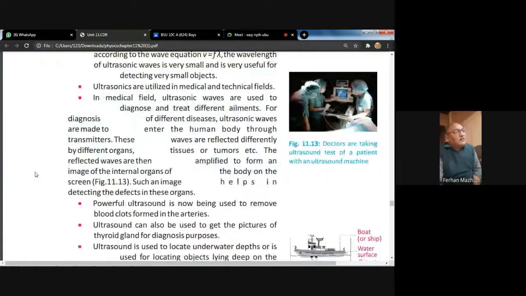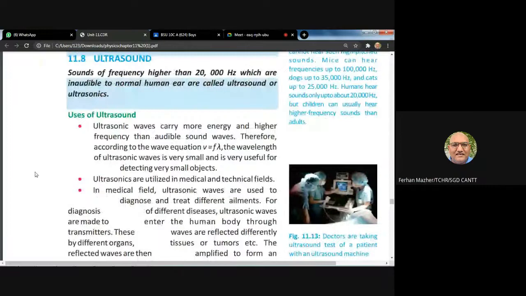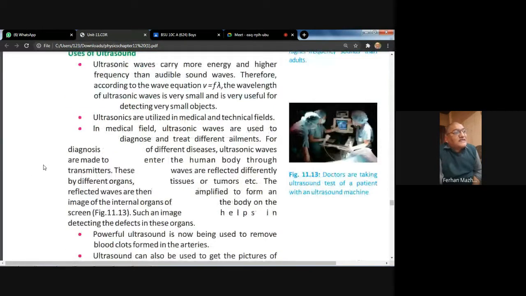Uses of ultrasound. Ultrasonic waves carry more energy and have higher frequency than audible sound waves. Therefore, according to the wave equation v = f λ, the wavelength of ultrasonic waves is very small and is very useful for detecting very small objects. Ultrasonics are utilized in medical and technical fields.